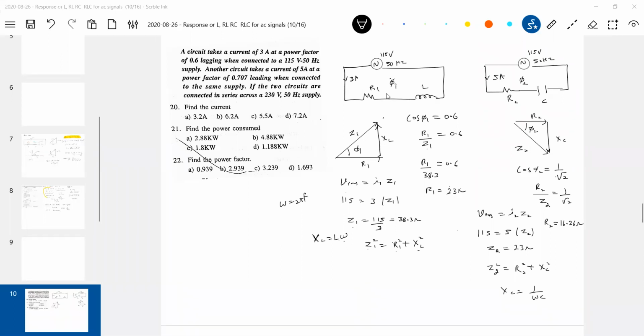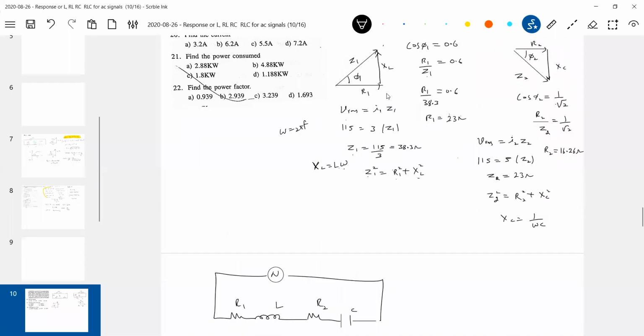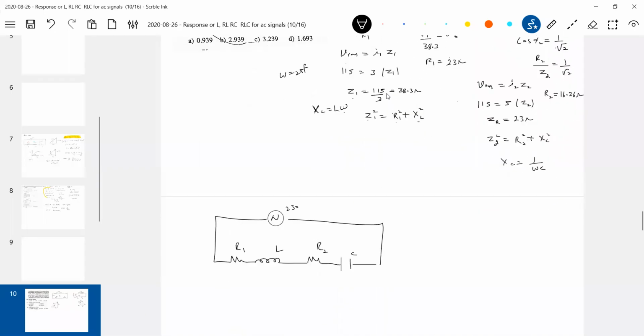Now I'll connect them in series across another source: R1, inductor, R2, capacitor. This has 230 volt, that is VRMS only.